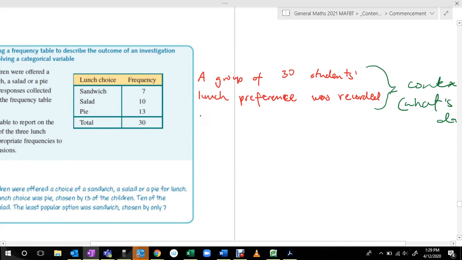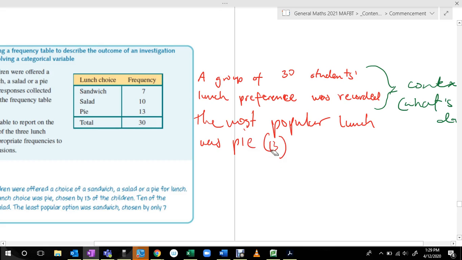Pie. So you write the most popular lunch was pie. And you want to mention the number. In terms of the number, you can just put it in brackets. You can say there were 13, or you can also write with 13 people.